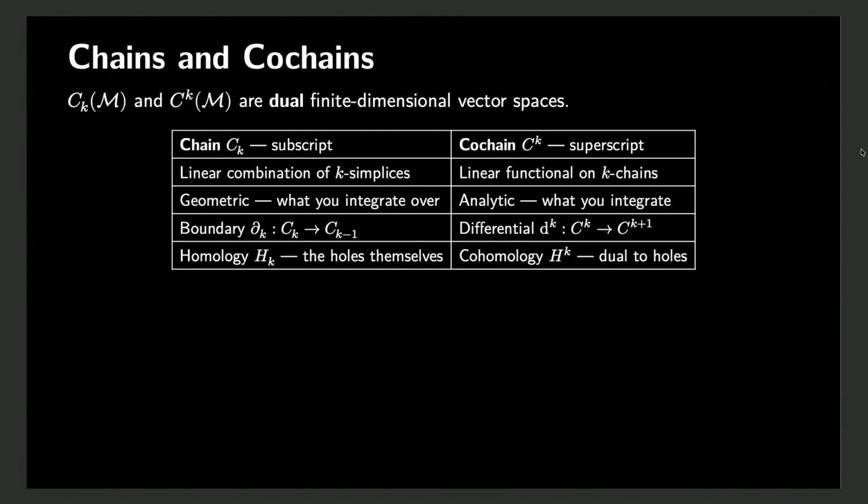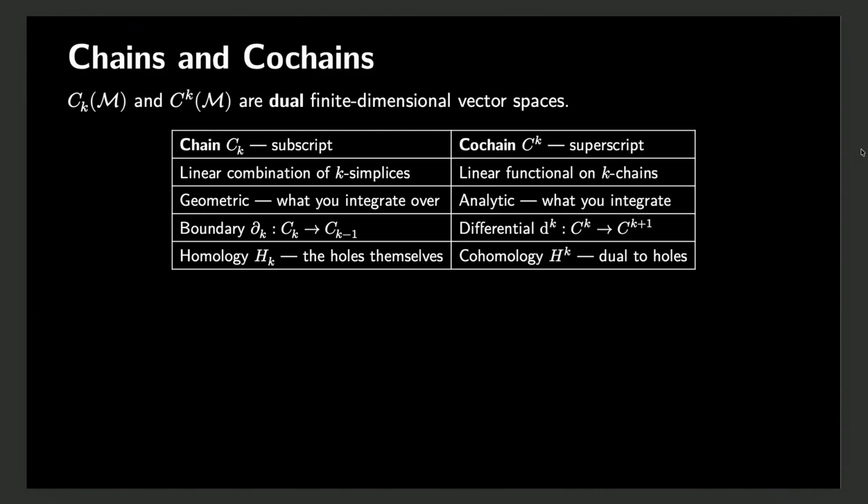These cochains have a very similar name to chains, and this is because they're dual. So we've seen chains before. These are linear combinations of the k-simplices, and we have cochains that are linear functionals on the k-chains. The chains have a subscript and the cochains have a superscript. The chains are basically the domains you integrate over, right?